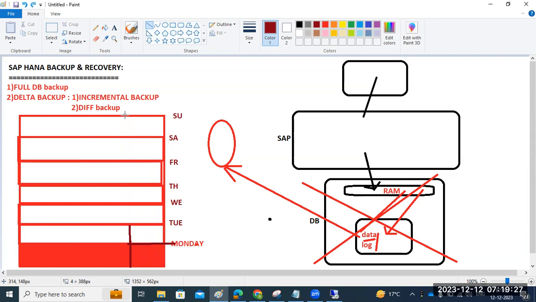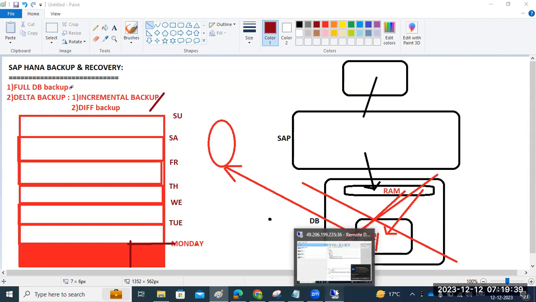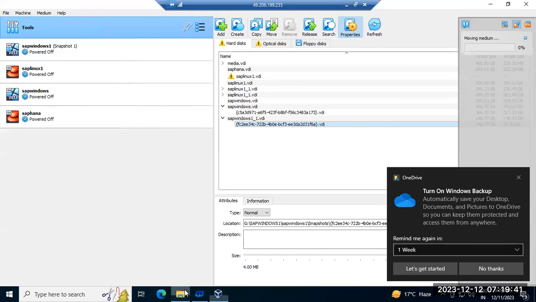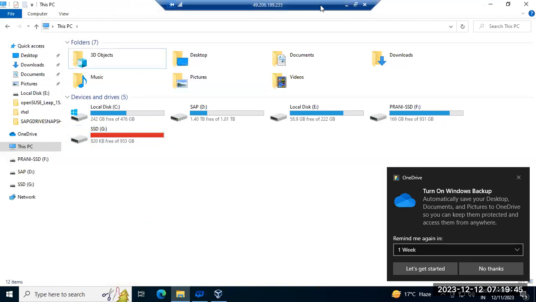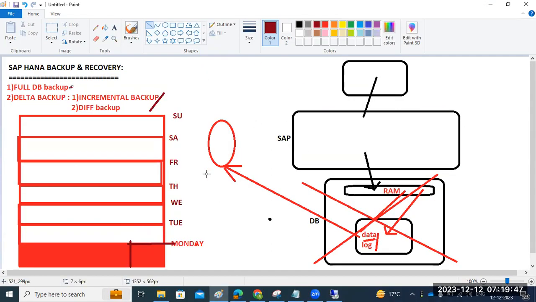Is this clear? Any questions or concerns? I am asking because the remaining two types will get confusing. So complete database backup or full database backup means it is completely taking the backup of your database here, right? Is it clear?